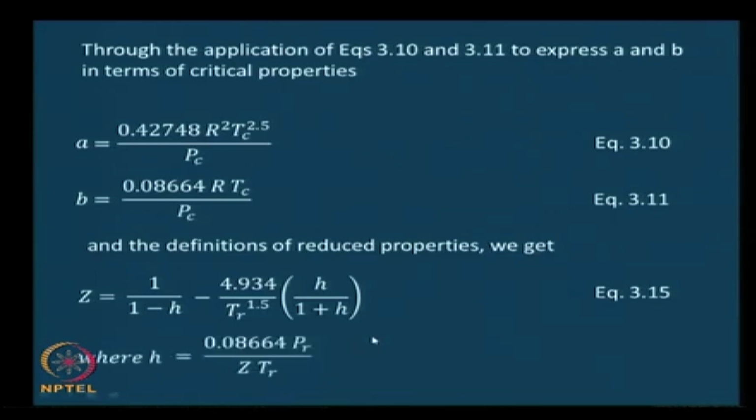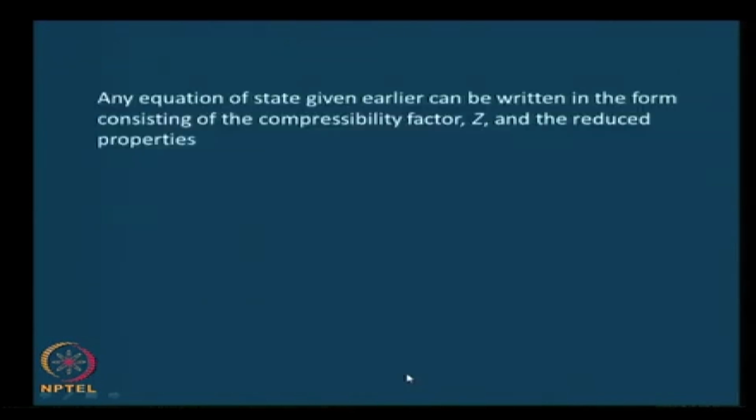and H, we said, was B by V, and that can be written in terms of the combination 0.08664 Pr by Z Tr. We will call this equation 316. It so happens that any equation of state can be written in terms of the compressibility factor and reduced properties.